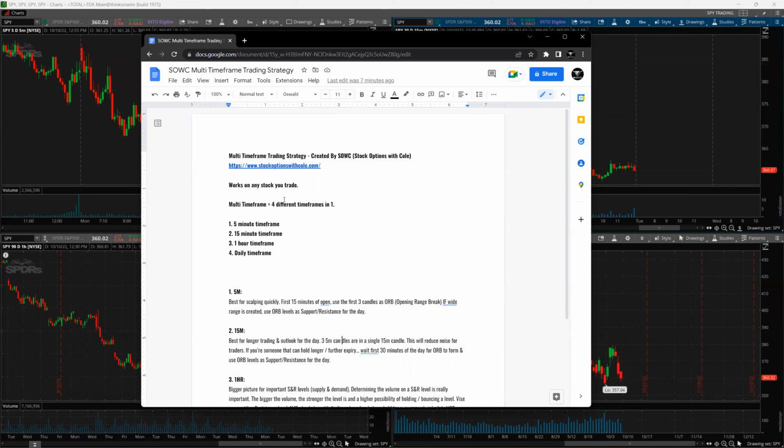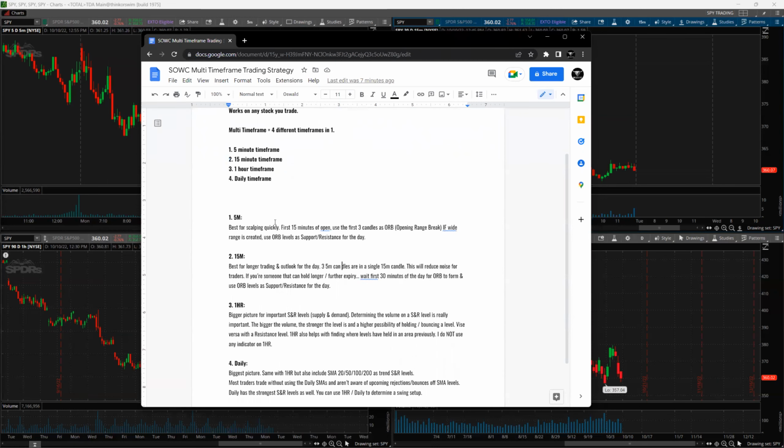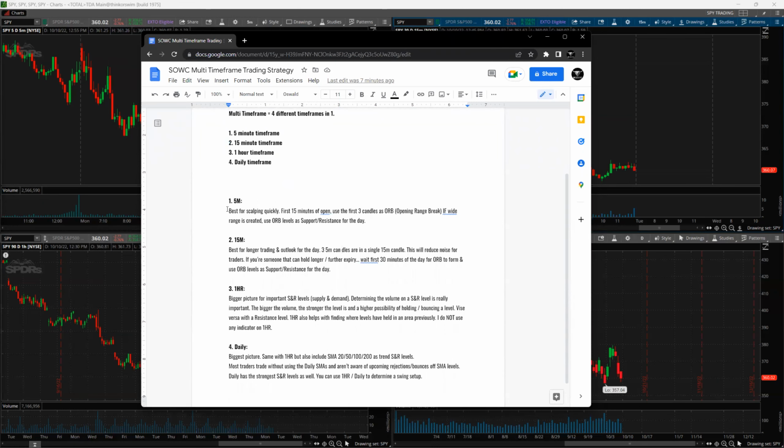So we have 4 different time frames in one box or one screen: 5 minutes, 15 minutes, 1 hour, and daily. So what's the 5 minutes for? The 5 minutes is best for scalping quickly. Let's say you're making a trade that can go, I would say, 5 to 20 minutes, sometimes 30 minutes. But the best way to go about 5 minutes when you are day trading is wait for the first 15 minutes of open.